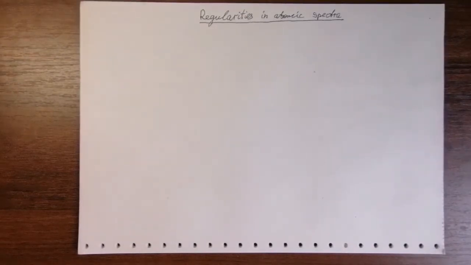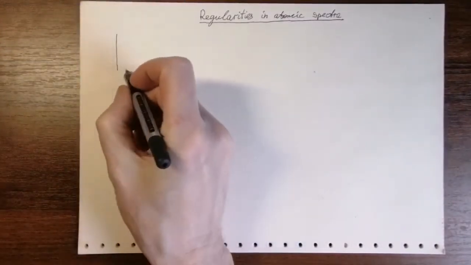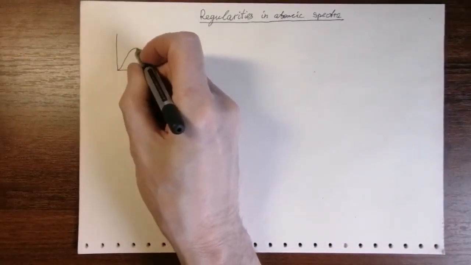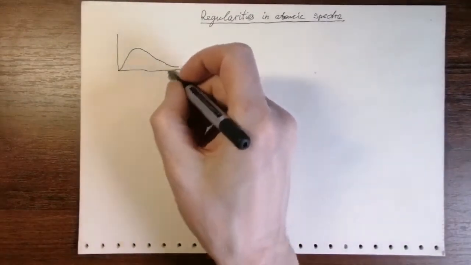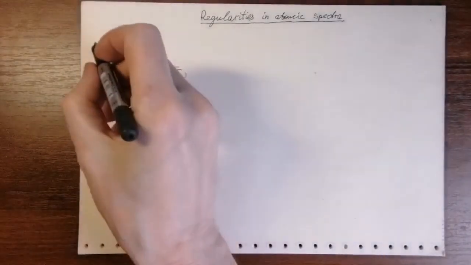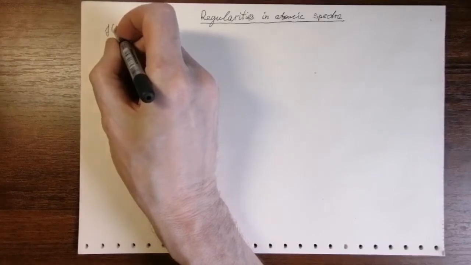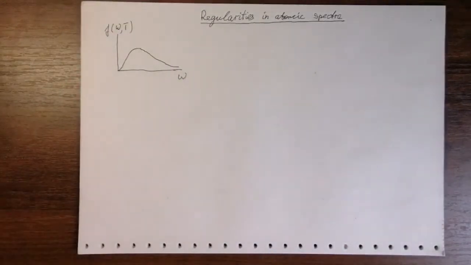When we considered thermal radiation, we used such a curve which shows us distribution of energy over different frequencies or wavelengths. So this was function f of omega, t, which corresponds to blackbody radiation.